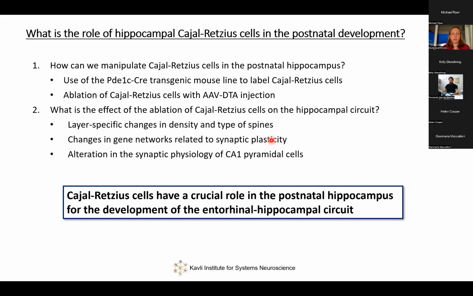And we also show that these changes at the spine level are correlated with alteration in synaptic physiology of CA1 pyramidal cells. So altogether, the data suggests that the Cajal-Retzius cells really have a crucial role in the postnatal hippocampus for the development of the entorhinal hippocampal circuit.